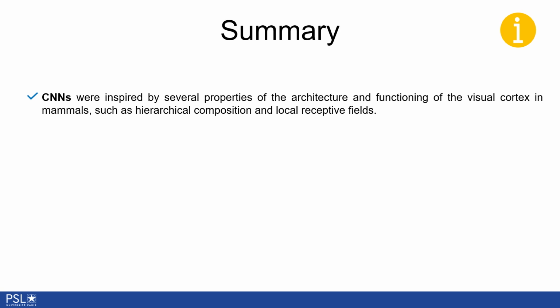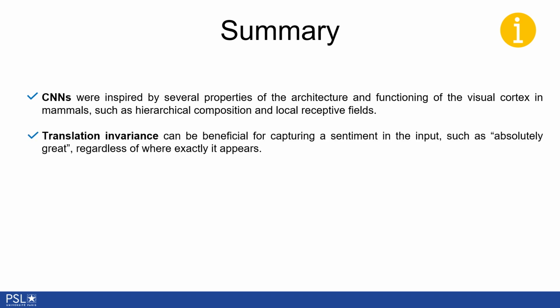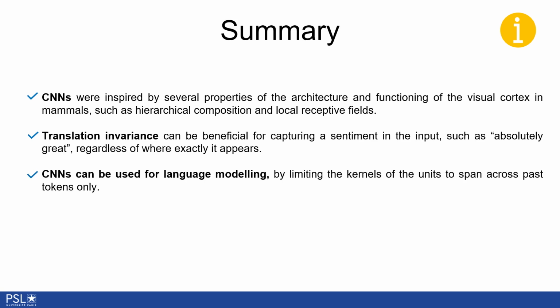While originally created for visual processing, the properties of CNNs turned out to be useful also for language processing. For example, translation invariance can be beneficial for capturing a sentiment in the input, such as absolutely great, regardless of where exactly it appears. CNNs can be used for language modeling by limiting the kernels of the units to span across past tokens only.